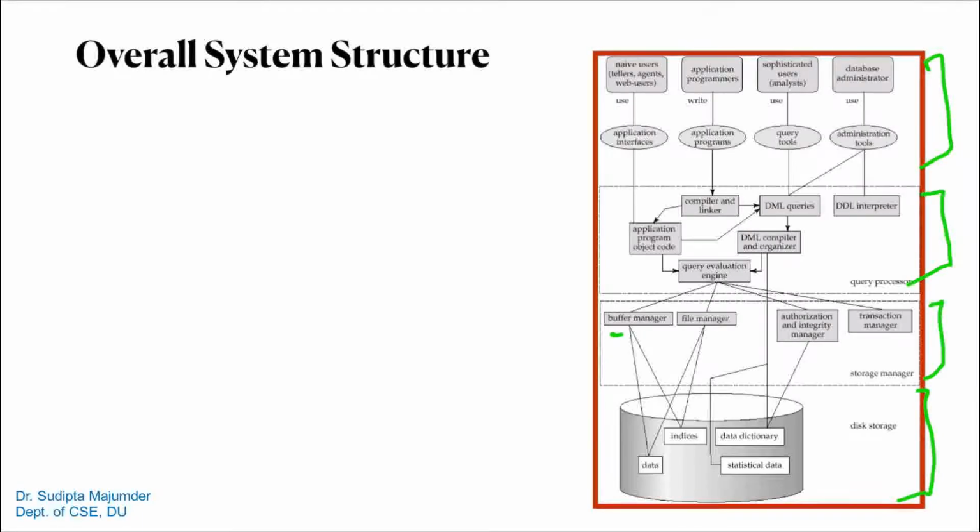For example, we have a buffer manager for the management of the buffer. We have a file manager for managing the files, etc. And in the query processor, we have various components for handling various aspects of query processing. This whole diagram shows the overall structure of the database. In fact, we can say this figure gives us a view of how a user interacts with the disk storage of the database.